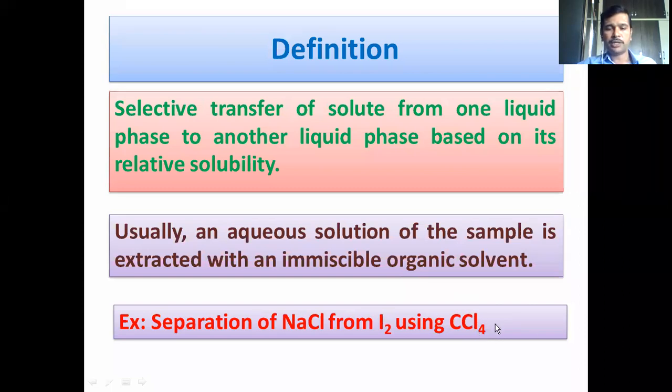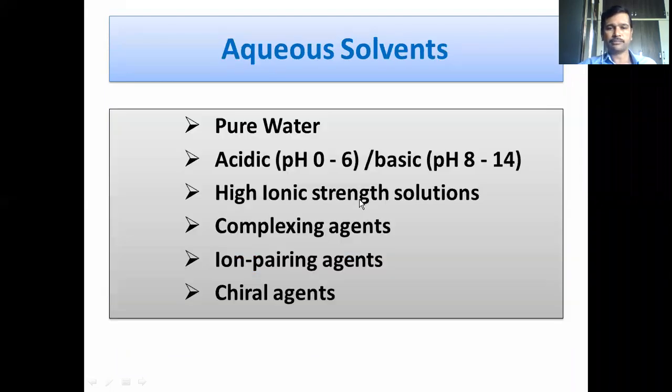Both solvents are able to form distinct layers, so you can inspect both distinct layers for the presence of the analyte. This is the definition of liquid-liquid extraction: the selective transfer of iodine from the aqueous layer to carbon tetrachloride, and of sodium chloride from carbon tetrachloride to the aqueous solvent.